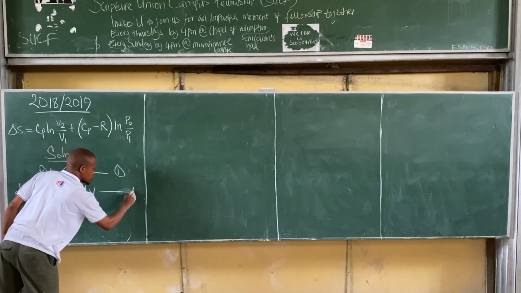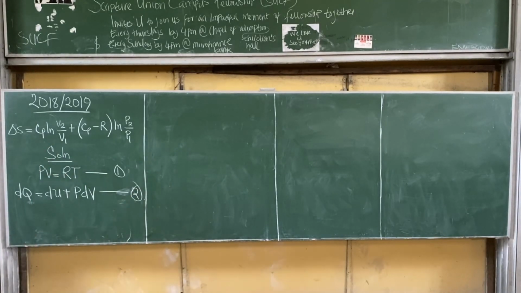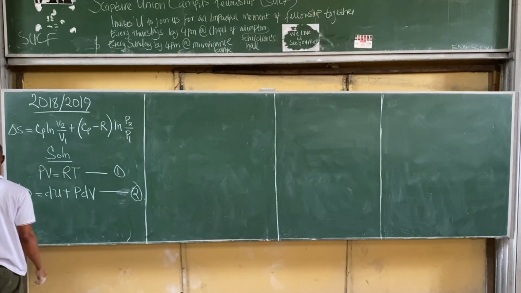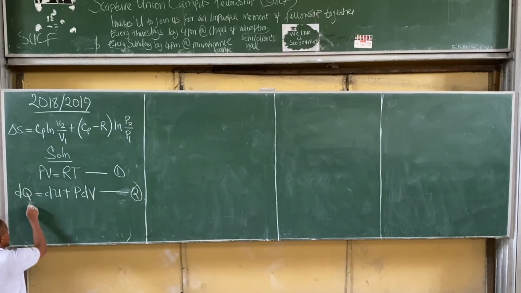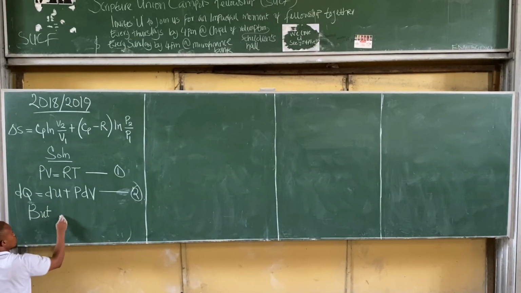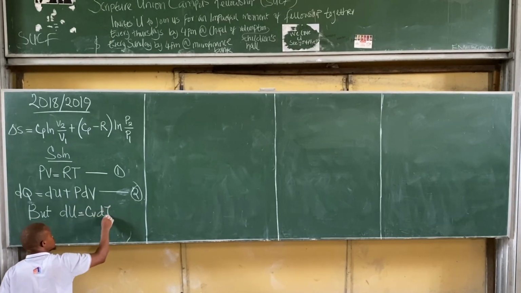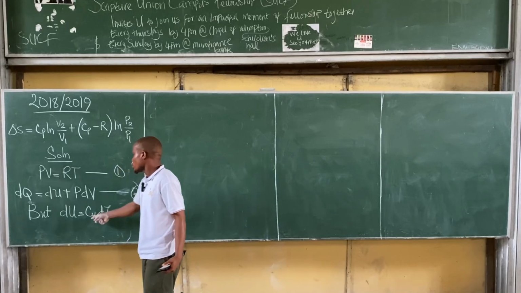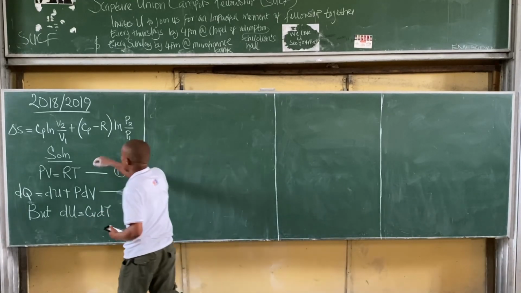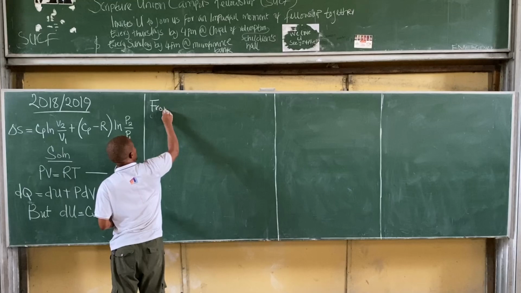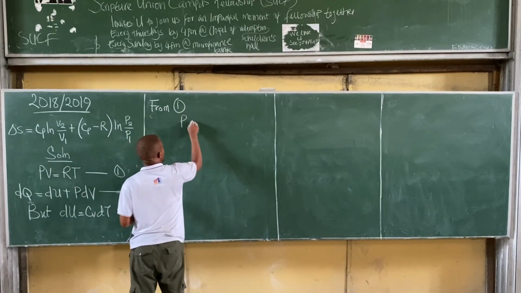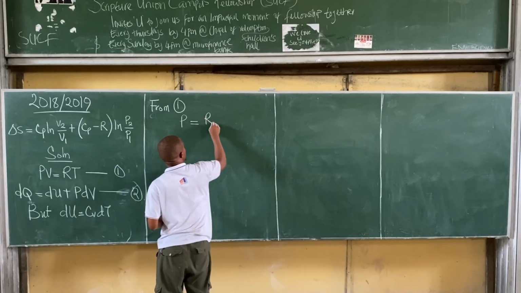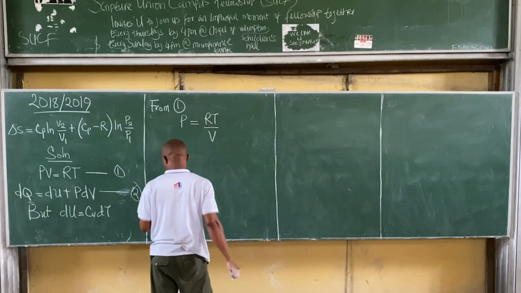Let's call this equation 2. This is from our non-flow energy equation. But du is equal to Cv dT. From equation 1, we know that P equals RT over V, right?